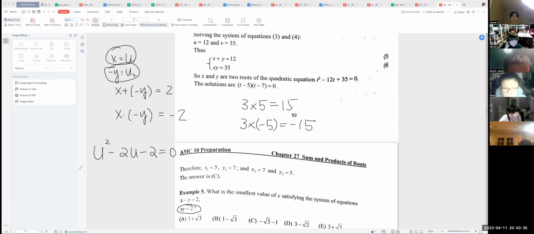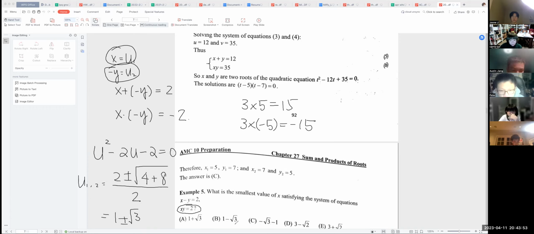So this equation, u1 and u2 equals what? 2 plus and minus the square root of 4 plus 8, over 2. So the answer is 1 plus square root 3 and 1 minus square root 3. And we want the smallest value, so obviously 1 minus square root 3. So the answer is B.